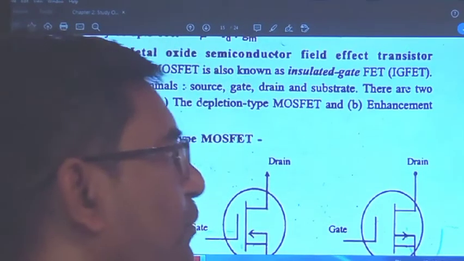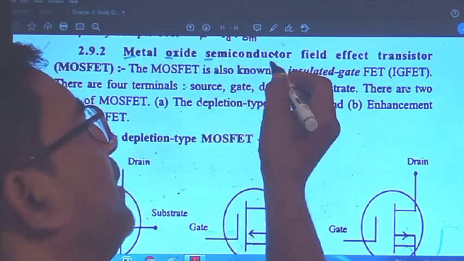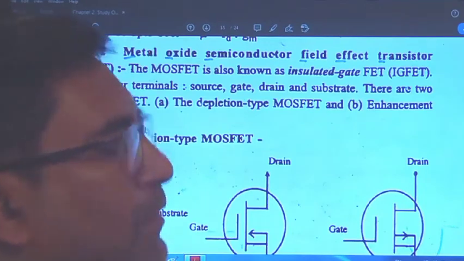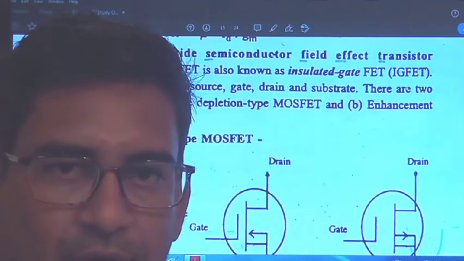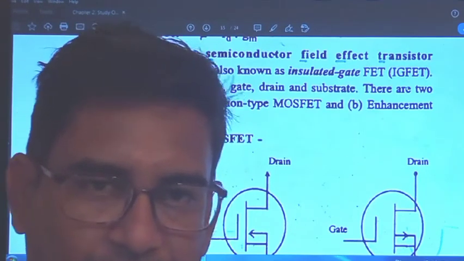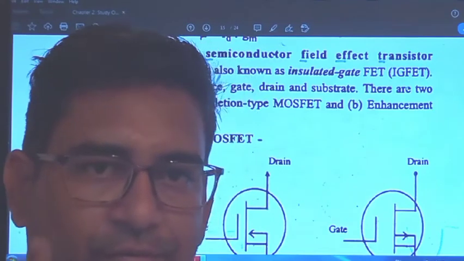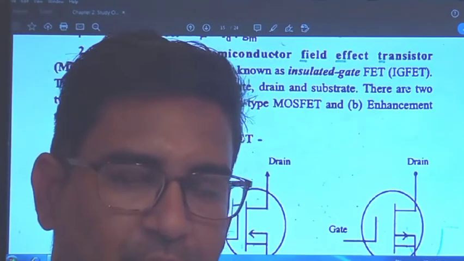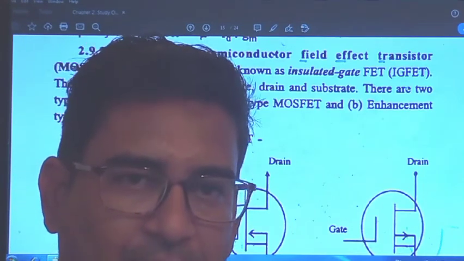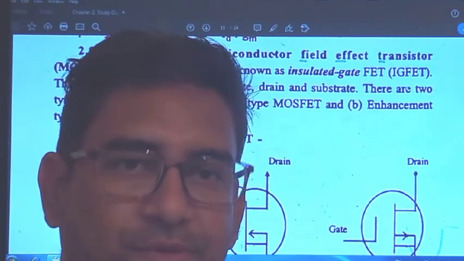The metal oxide semiconductor field effect transistor is also called an insulated gate field effect transistor, consisting of four terminals. The first terminal is the source, second is the gate, third is the drain, and the one terminal added is the substrate.